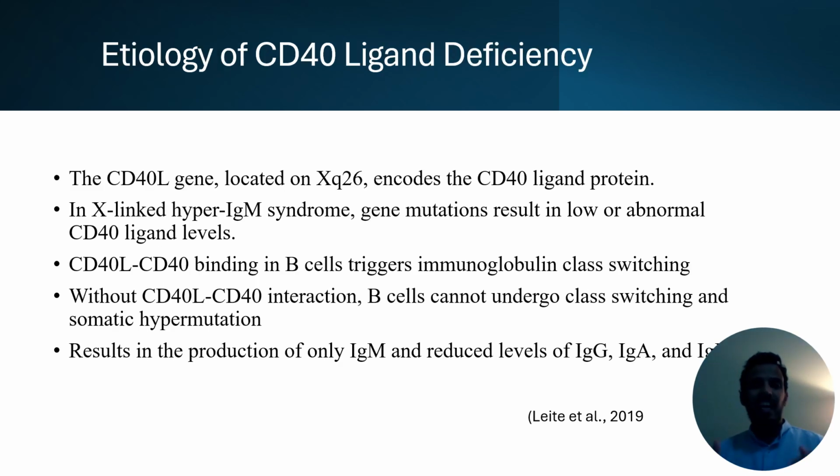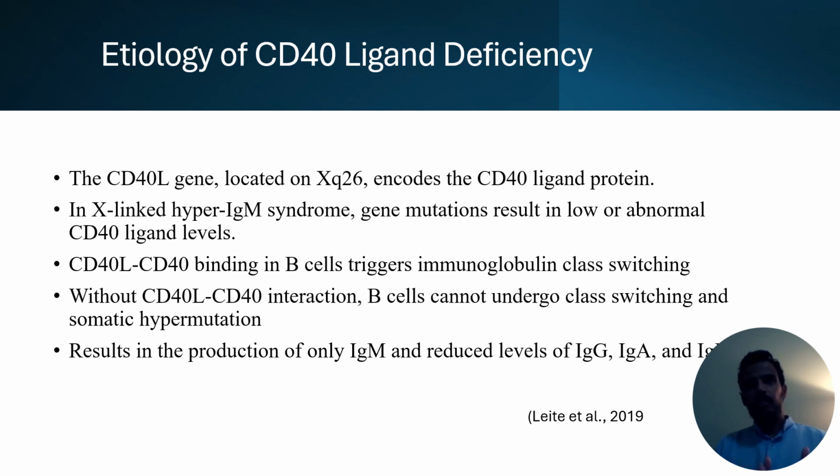Here we will look at the genetic causes of CD40 ligand deficiency and how it affects immune function. The CD40 ligand gene is located on Xq26 and encodes the CD40 ligand protein. In X-linked hyper-IgM syndrome, gene mutation results in low or abnormal CD40 ligand levels.